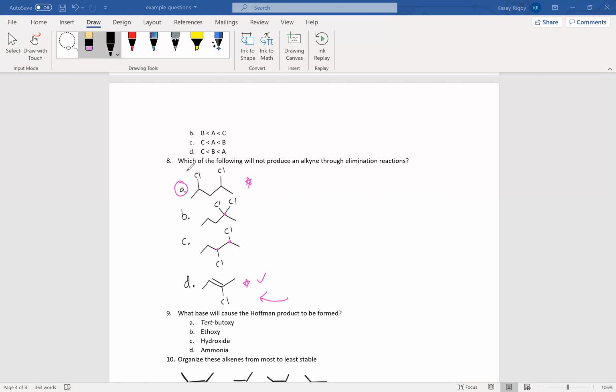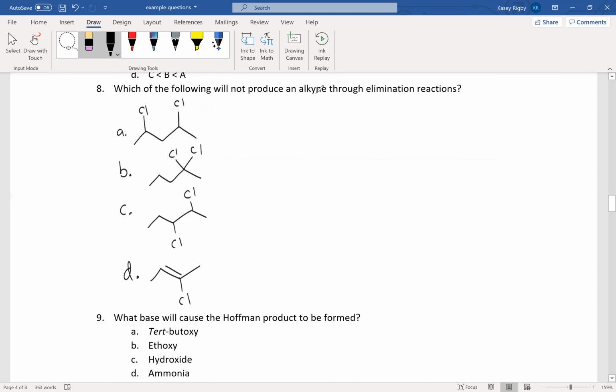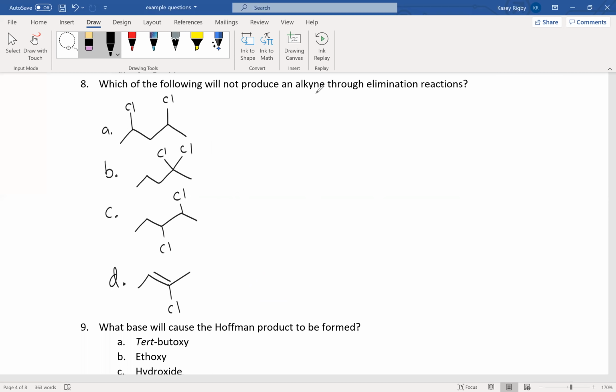Can you explain which is the vicinal and the other one? Yes. Let me zoom in a little bit for the sake of clarity. When I'm talking about vicinal and geminal dihalides, all this means is I have an R group, like a carbon chain, with two halogens on it. That's what a dihalide is. Now let's talk about vicinal versus geminal. Vicinal means they're in the same vicinity, so they're going to be on carbons right next to each other.